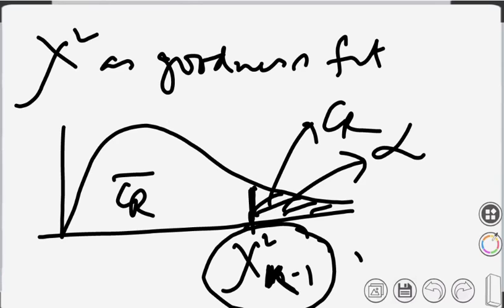Mind that the alternate hypothesis is always not equals to, but it is not a two-tailed test. Chi-square as a goodness of fit is always a right-tailed test.